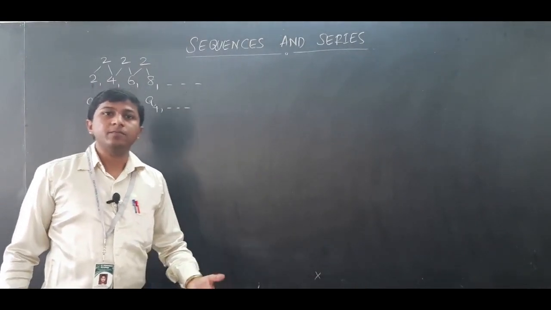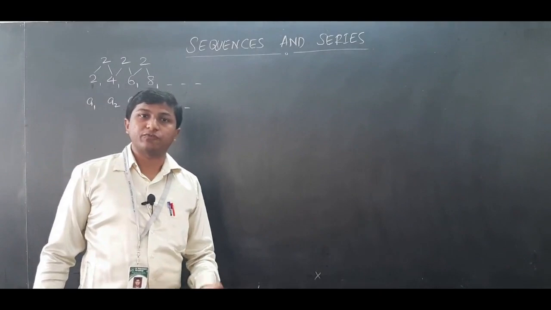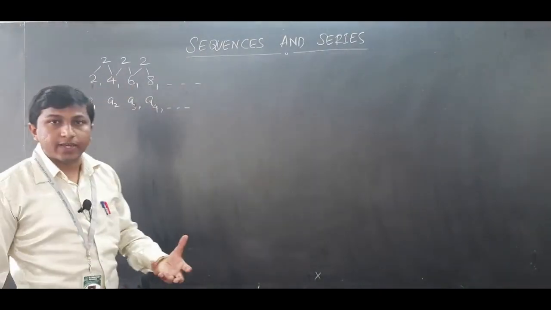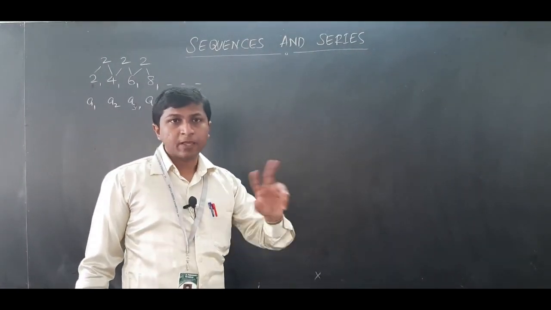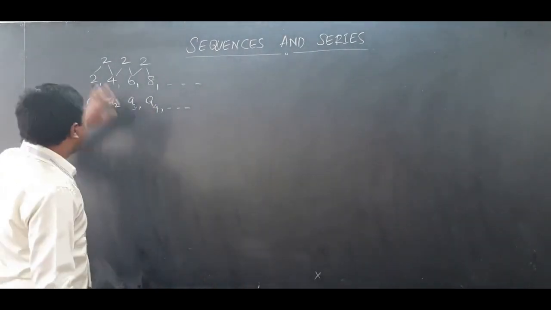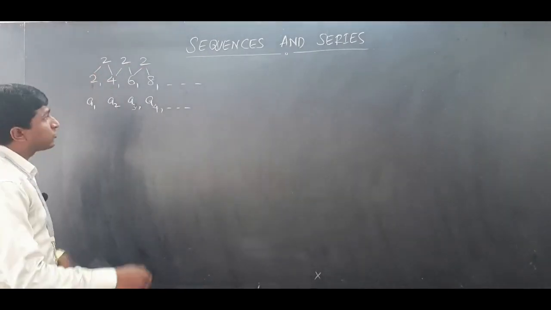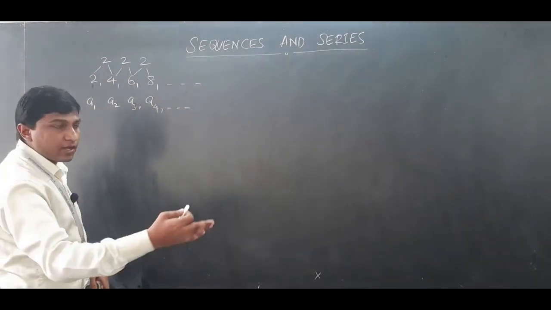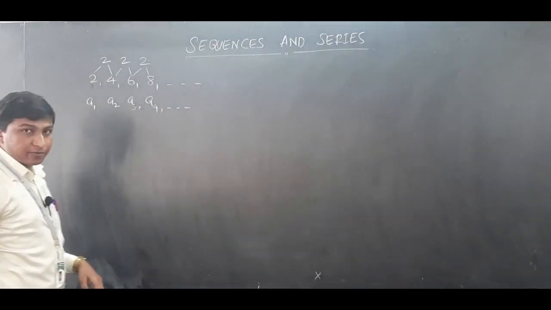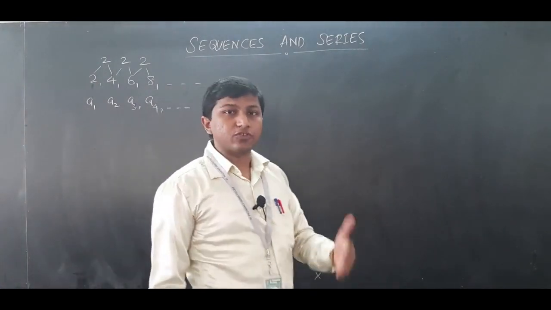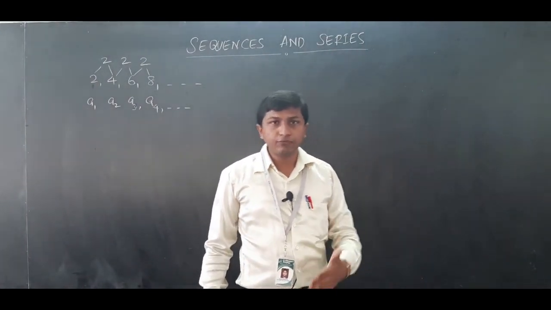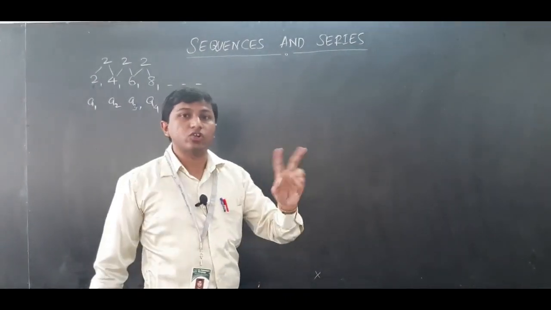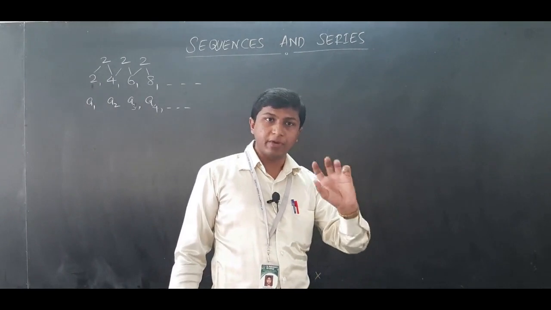So, what is an AP? An AP is a sequence of numbers wherein any two consecutive terms you take, perform the difference, you get a constant difference. What is the meaning of consecutive terms? One next to the other: first and second term, or second and third term, or third and fourth term and so on. First and third term won't be consecutive because there is the second term in between.